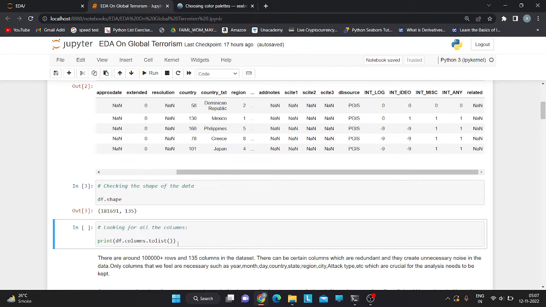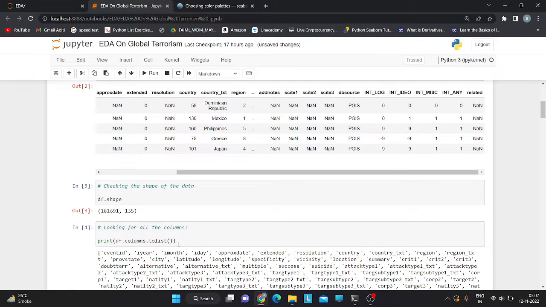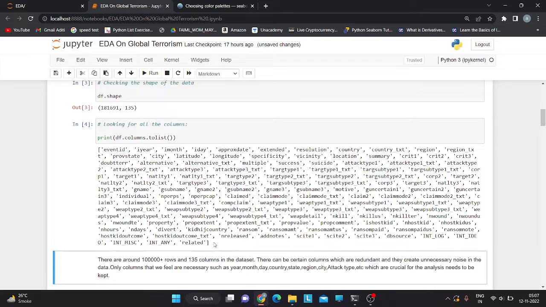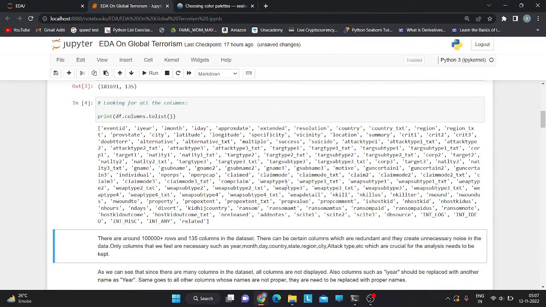So let us execute this cell. So there is event ID, iyear, imonth, iday, approxdate. There are so many columns in the data set. All of them are listed here. Their names are listed here basically.